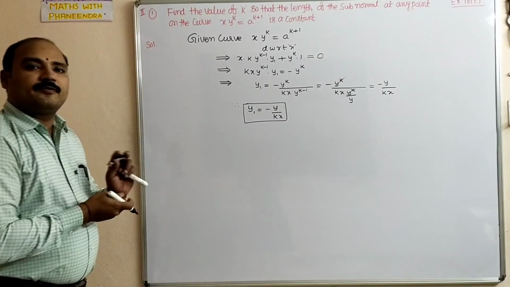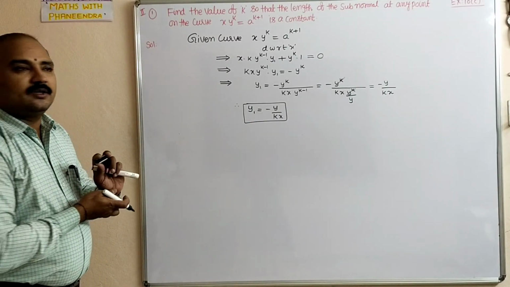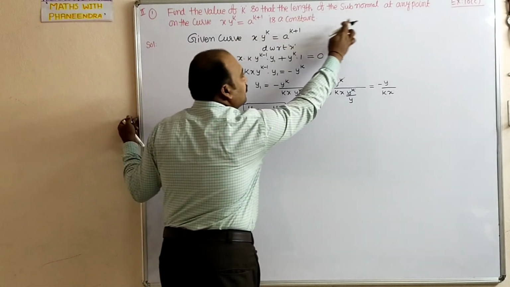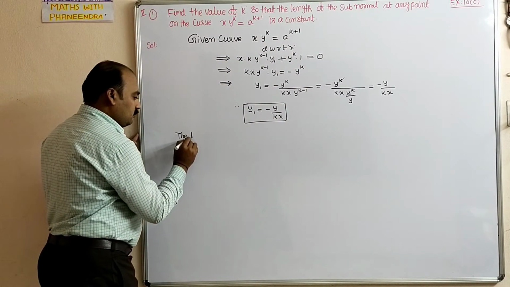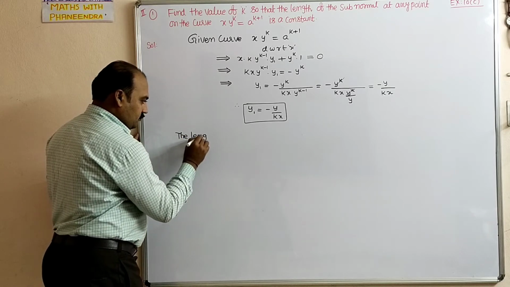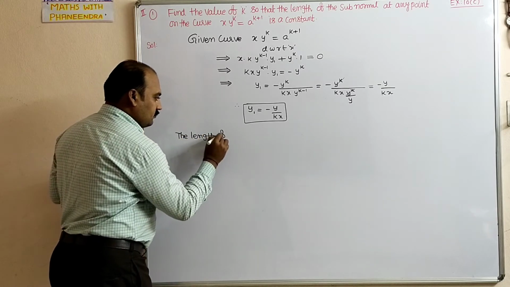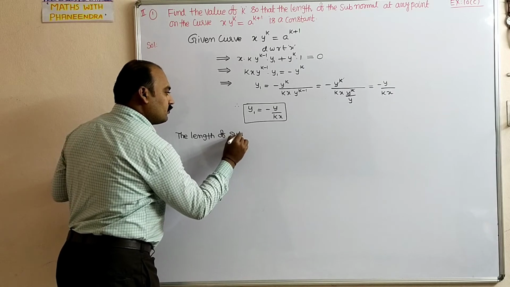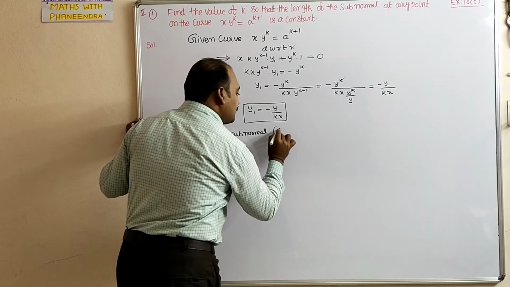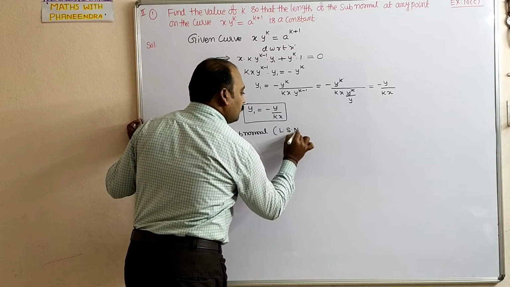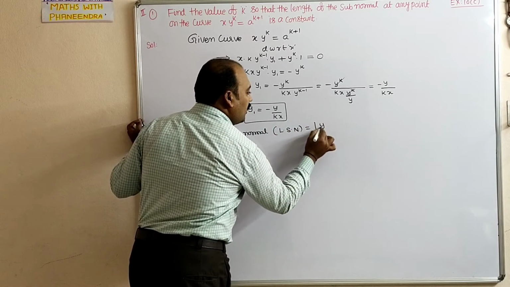After completing finding the value of y1, write that the length of subnormal LSN is equal to mod y into y1.